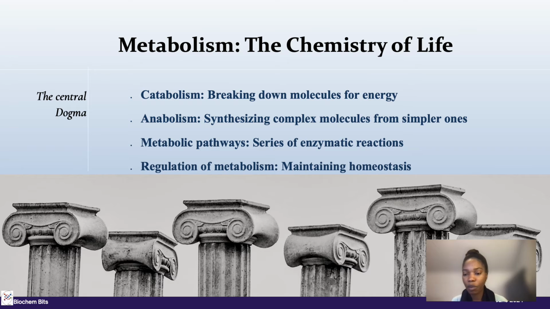And we also have the anabolic processes, which are also series of pathways that synthesize complex biomolecules for the building up of some structural components of the living organism. So regulating metabolism is also a very critical step in maintaining homeostasis, which is critical for every living organism. These are some of the things that we'll be getting to know more about in biochemistry.